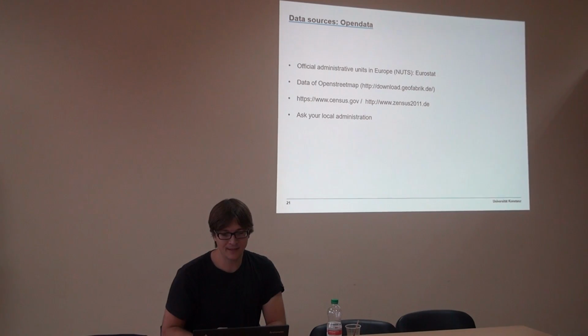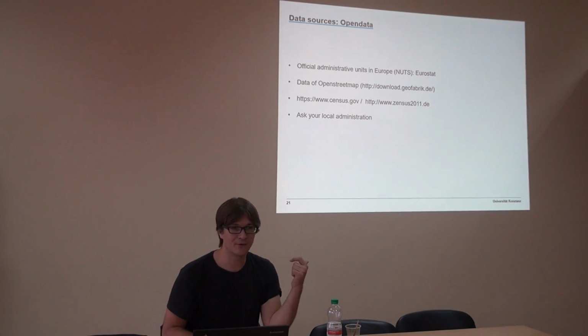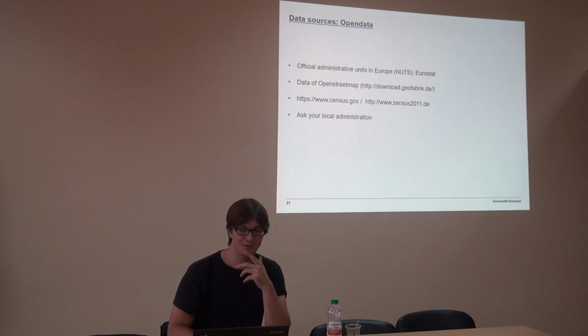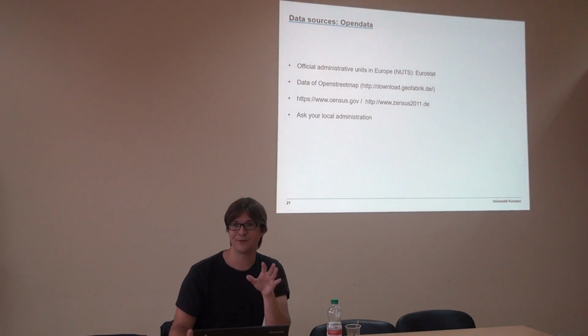A lot of open data is also from census data, like from the US census.gov, and in Germany the census 2011, and maybe other data. And an additional source is that you can ask your local administration. A lot of local administrations have local data, and they map new buildings, buildings that are destroyed, and they usually have road network data and so on.